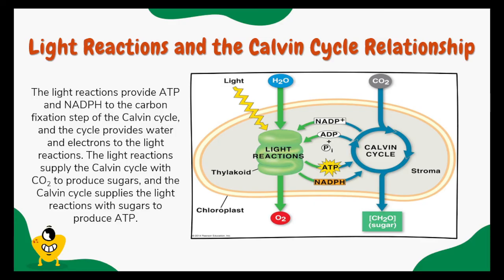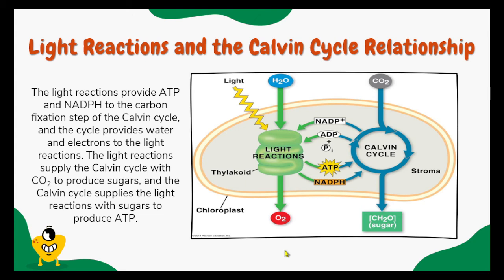All right, and since I was able to show you the two reactions of photosynthesis, let us talk about their relationship. So I have this figure over here, and if we analyze this, the light reactions create different products, right? Oxygen is a byproduct, so it goes out of the system.